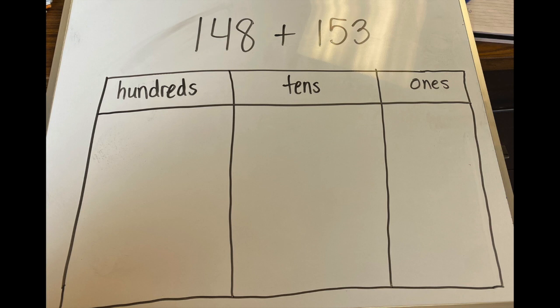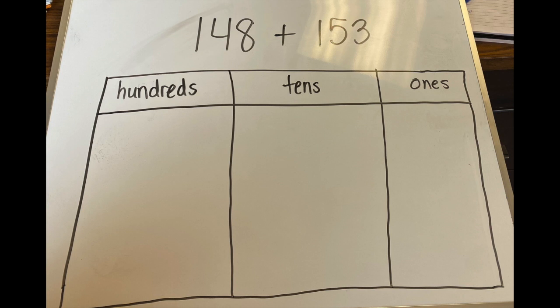And I'm going to look at my first addend. That's the first number in my addition problem, 148. And I'm going to draw a model representing the hundreds place in 148, the tens place, and then the ones place. So I'm only going to look at 148 first.